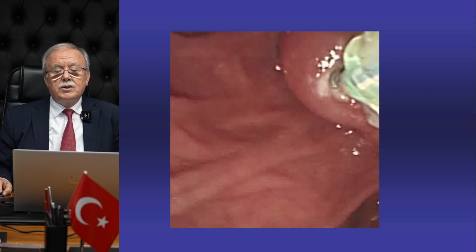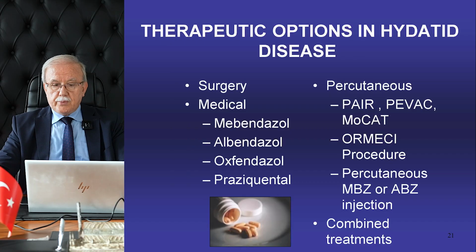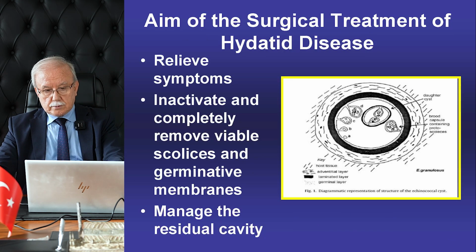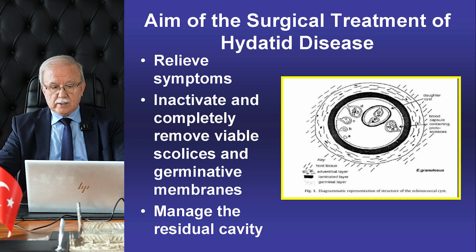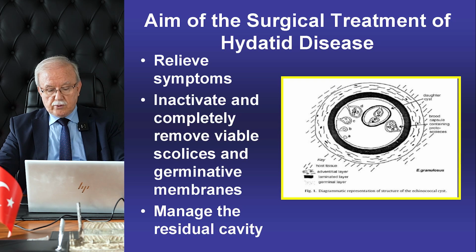Okay, therapeutic options in hydatid disease: surgical, medical, or percutaneous ways can be used. The aims of surgical treatment of hydatid disease are to relieve symptoms, inactivate and completely remove viable scolices and germinative membrane, and manage the residual cavity.